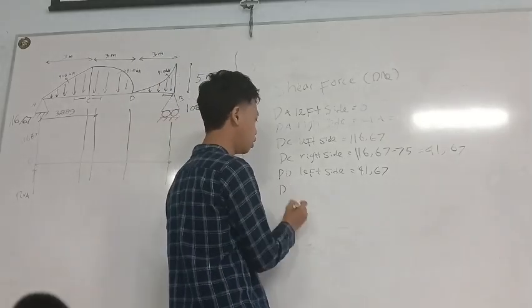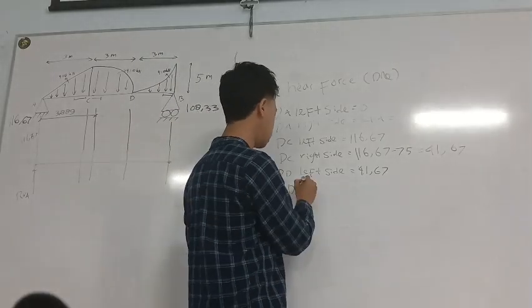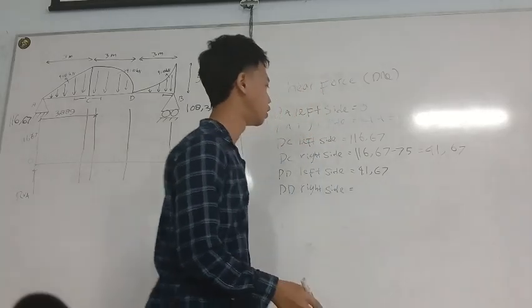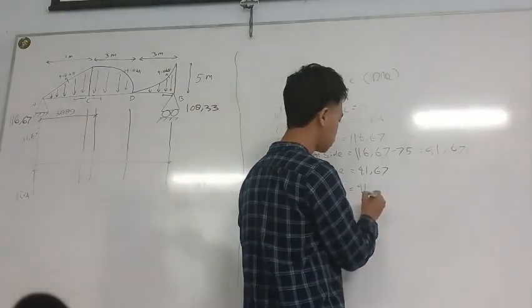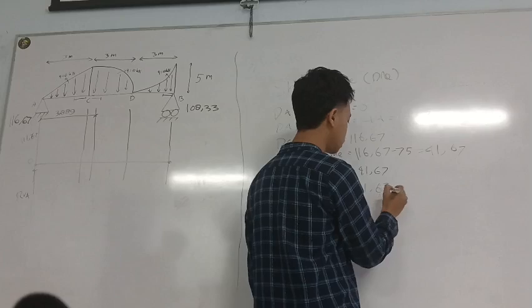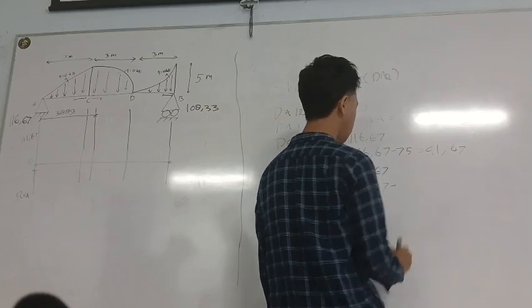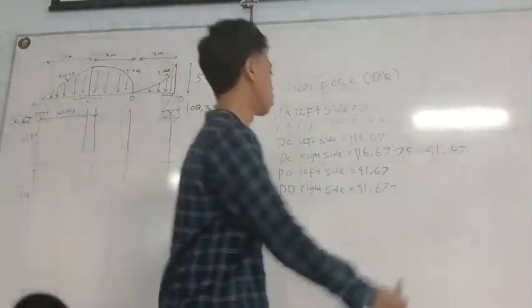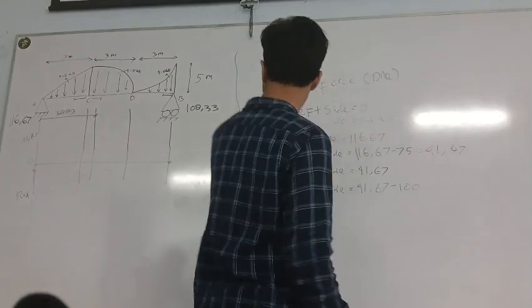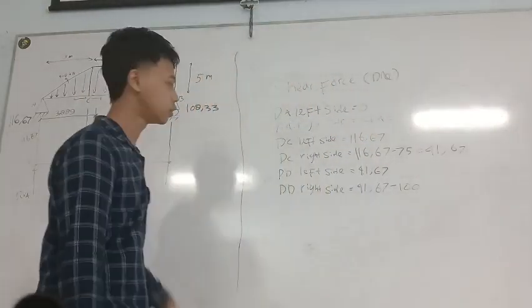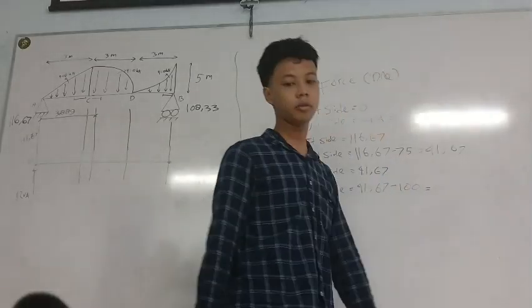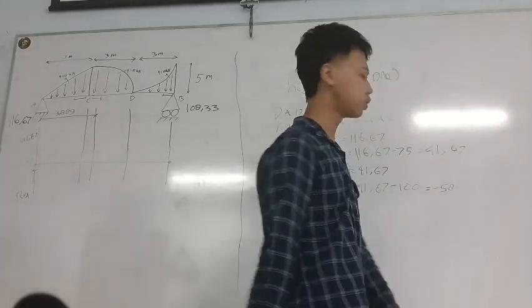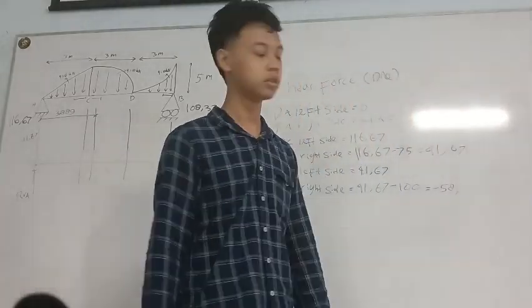So on the right side of DT, it's 41.67 minus 100, the force in this point is 100. So the answer is minus 58.33.